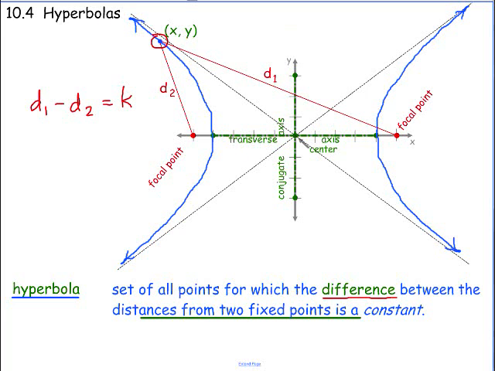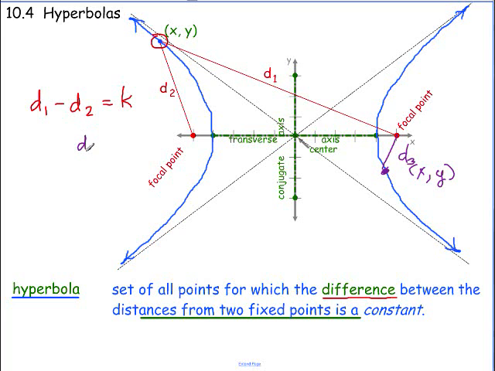If, let me change colors. Go to purple. If I had chosen, let's say this point, again we've got x, y. And if I had looked at these, here is the distance from the first focal point. I'll call it D3, just because I don't want to get us confused here.